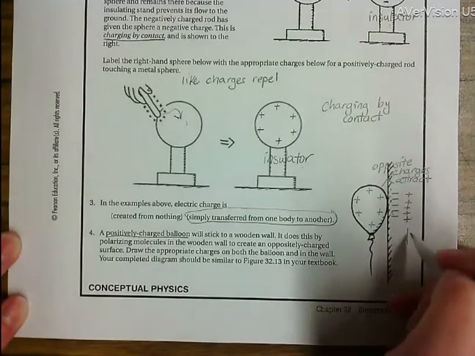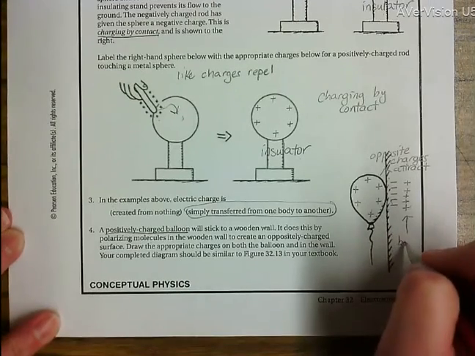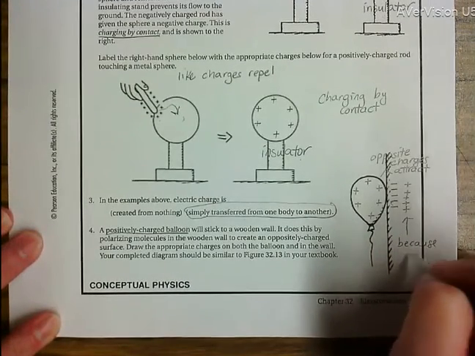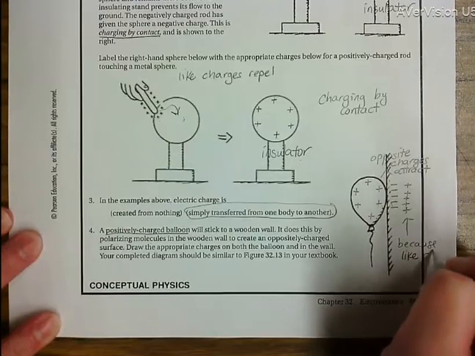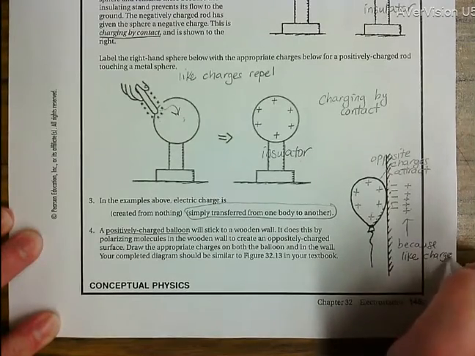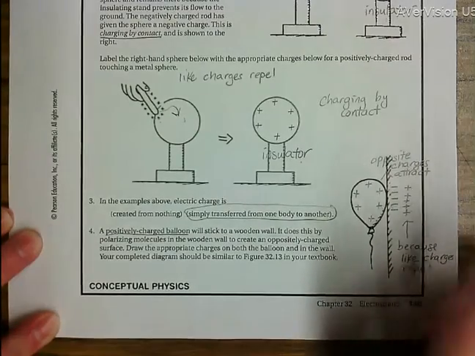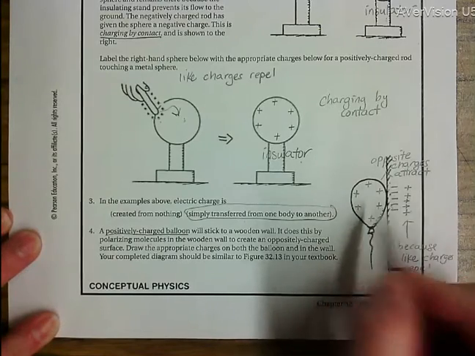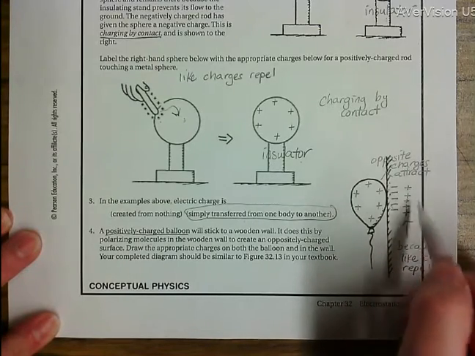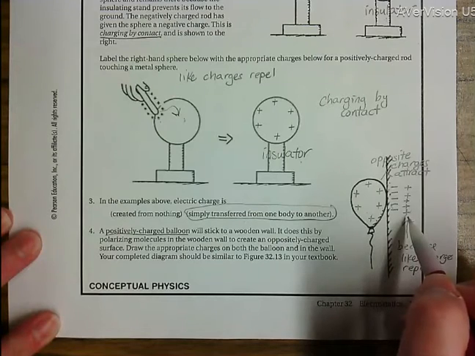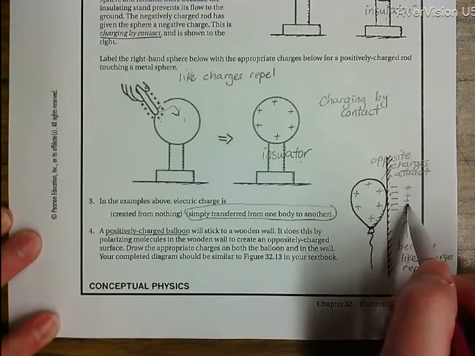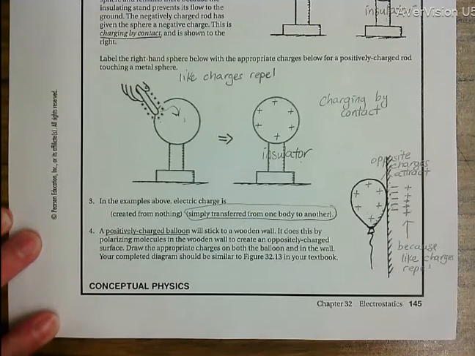And again, remember, these moved away because like charges repel. So because this balloon is positively charged, the positive side of these molecules of wood are trying to get as far away from this balloon as possible.